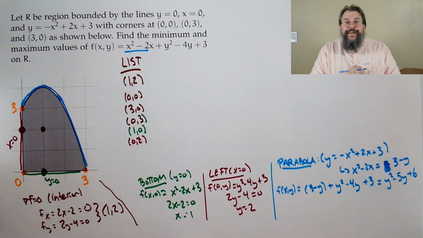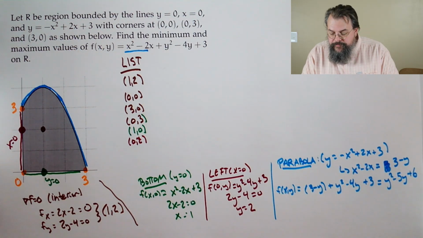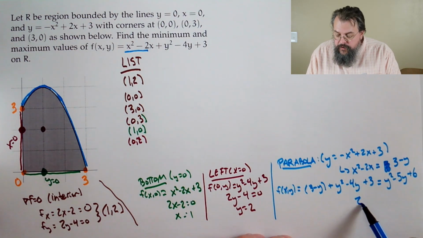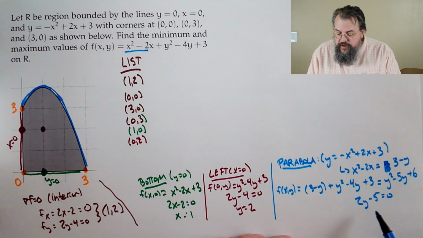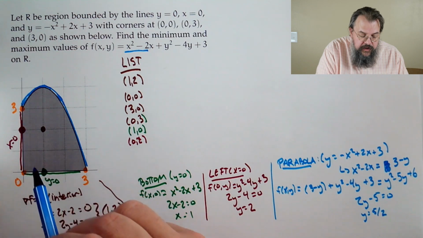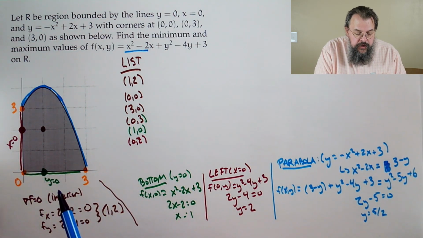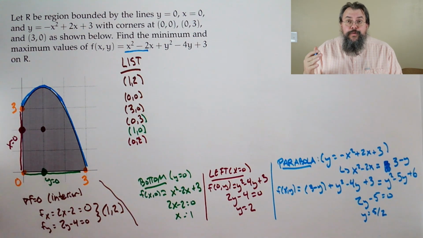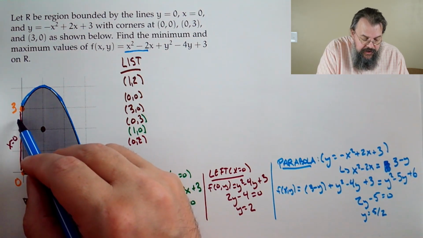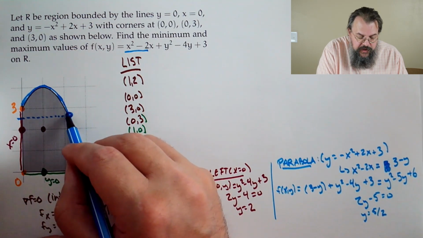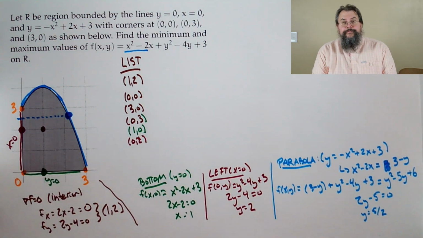Okay, so that's what we have on the boundary. All right, well, take the derivative: 2y minus 5, set it equal to 0, y equals 5 halves. Okay, so y equals 5 halves, where would that be? Well, it's at 2.5. So that would tell you that is where you need to look.